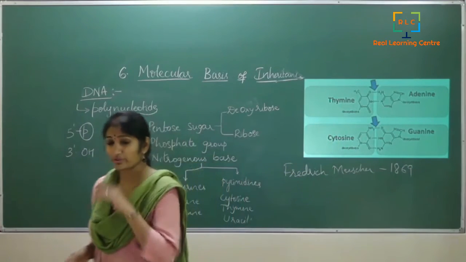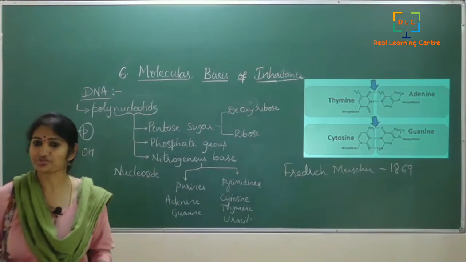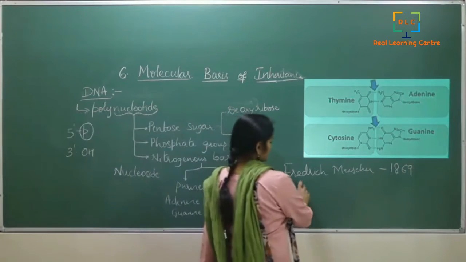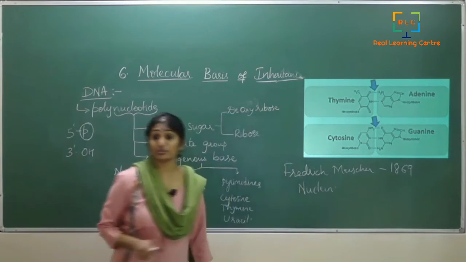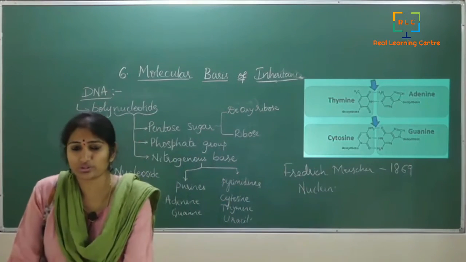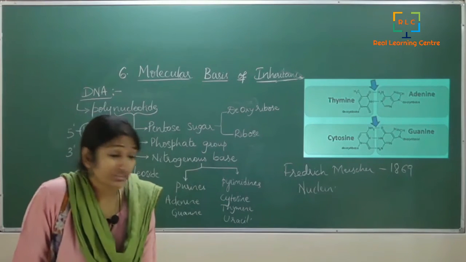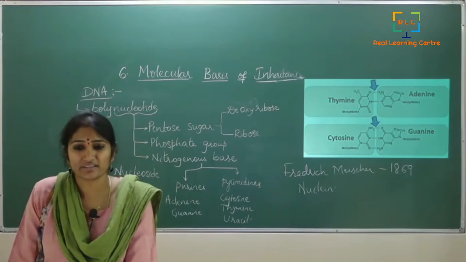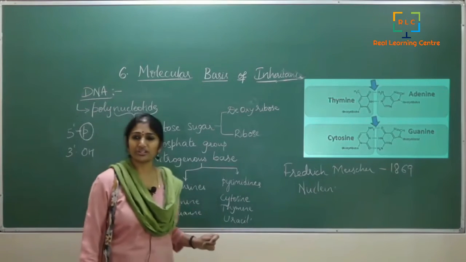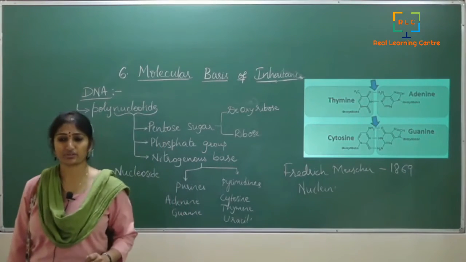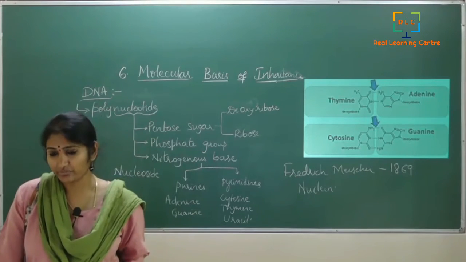Because this particular acidic molecule was present inside the nucleus, he called this nuclein. But the problem was, I was telling you that the technology was not that great. Isolating this particular DNA was not at all easy. It took a very long time.